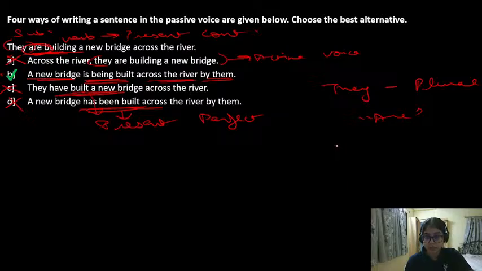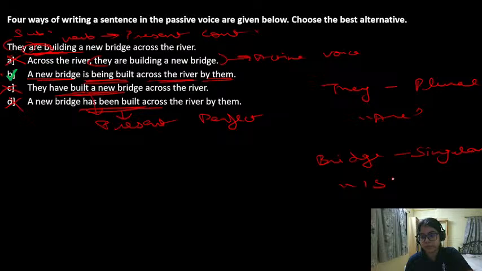In sentence B, मैंने बताया था अभी पीछे, पैसिव वॉइस में अपना ऑब्जेक्ट, अपना रिसीवर मेन हीरो हो जाता है. तो मेन हीरो इज योर ब्रिज. अब ब्रिजेस नहीं है, ब्रिज है, एक ही है, इसलिए सिंगुलर होगा. सिंगुलर के साथ लगता है इज, इसलिए a new bridge is being built across the river by them. Alright, that's it. Okay, I think this is definitely one of the easiest questions. That is why I do not want to convolute it. And we have done a good chunk of questions also to understand the conversion.